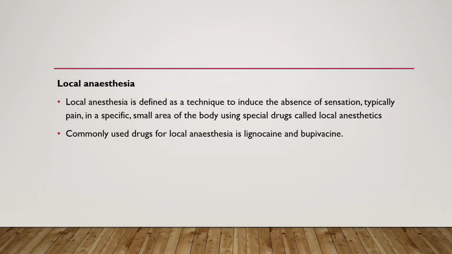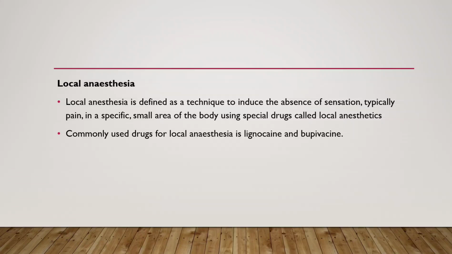Next, we are going to discuss the classification of local anesthetics. Local anesthetics are classified on the basis of chemical structure and duration of action. First, on the basis of chemical structure: chemically, local anesthetics consist of a benzene ring separated from a tertiary amine by either an ester or amide linkage.